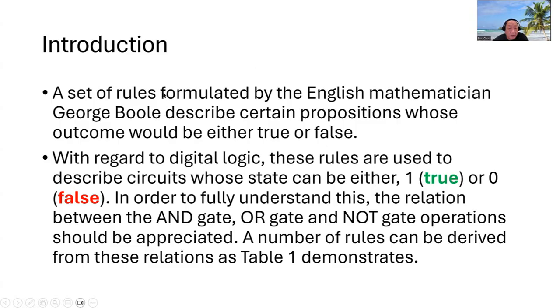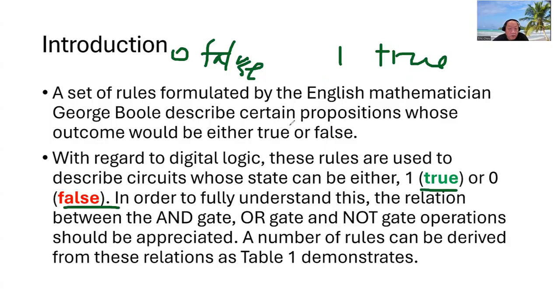Basically he's the person who set up the foundations for Boolean algebra. So we may have two values, true or false. Sometimes we write 1, sometimes we write true, it's the same thing. Sometimes we write 0 and we write false, it's the same thing. So true or false, we call it Boolean value. Usually 1 and 0, we call it Boolean algebra.